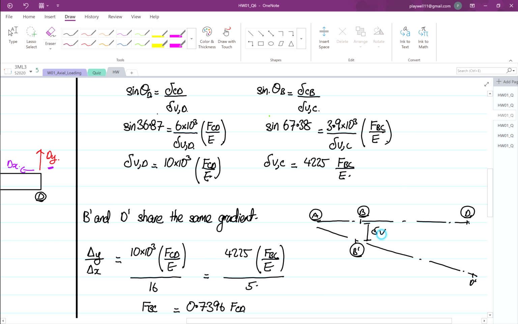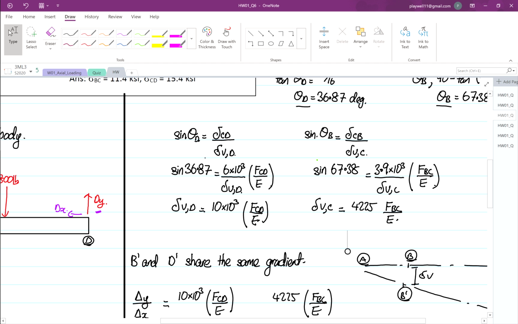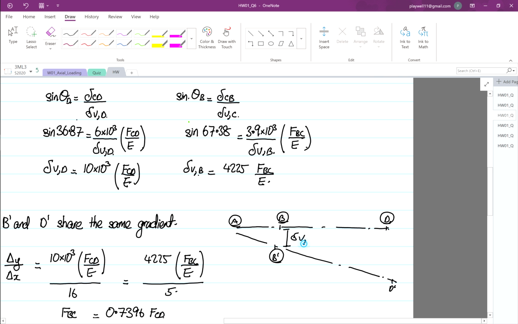So over here, this is your deflection V at point B. I don't know why I called it C down here. It should be B. I do apologize. So this is your point B over here to here. This is your vertical deflection of point D, right?